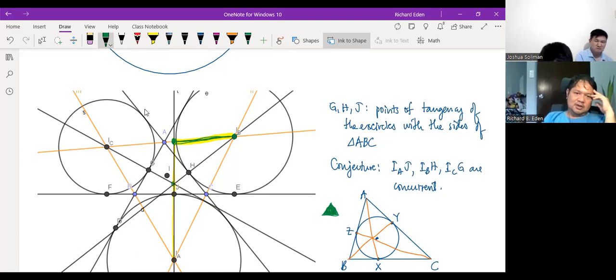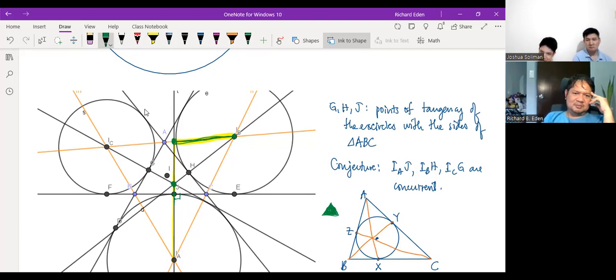So if we're gonna justify this concurrency here, I don't know if it's Ceva's theorem that we want to use or something else. I don't know. Pero ako, it feels like there's something special with IA and J. So I mean we have a 90-degree angle there.